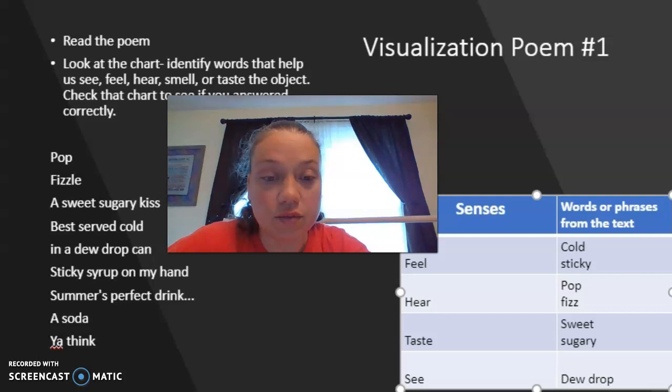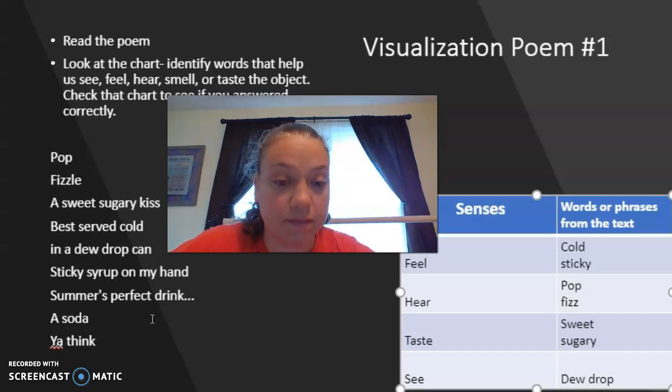So now let's look at those words that help us picture a soda. I can see pop, fizzle, sweet and sugary, cold, dewdrops in a can, sticky syrup, and it even tells us soda. So I think there are some sensory phrases and words in there that help us picture drinking that nice cold soda on a hot summer day.